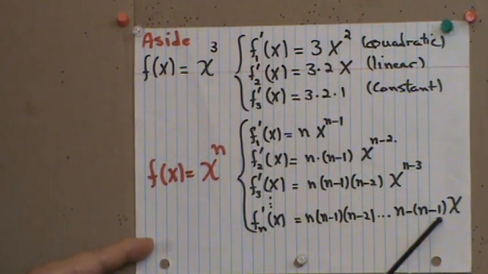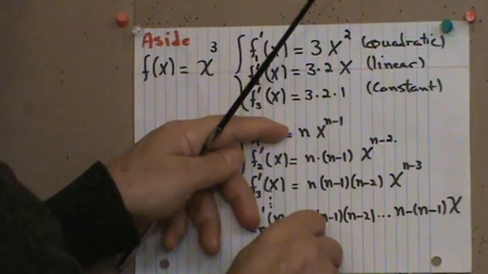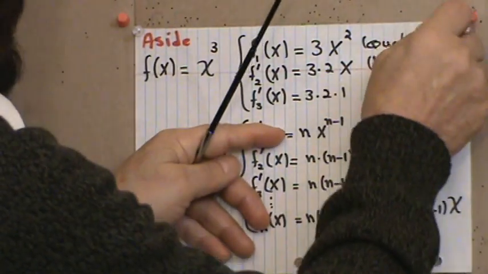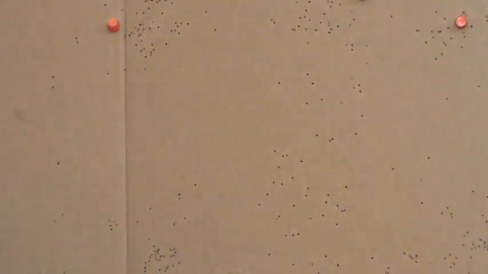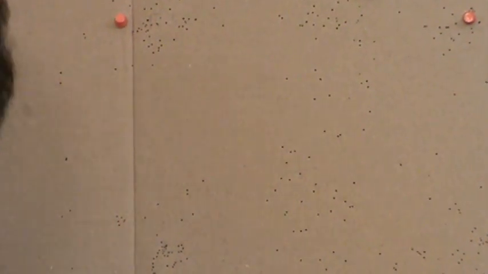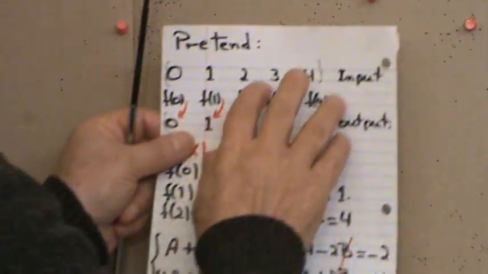This is all the coefficient of x. And then the derivative of that one will be 0. So that is a property of all polynomial functions. I'm kind of repeating myself. Now we go back and see what we had pretended, to see if we can find that function.